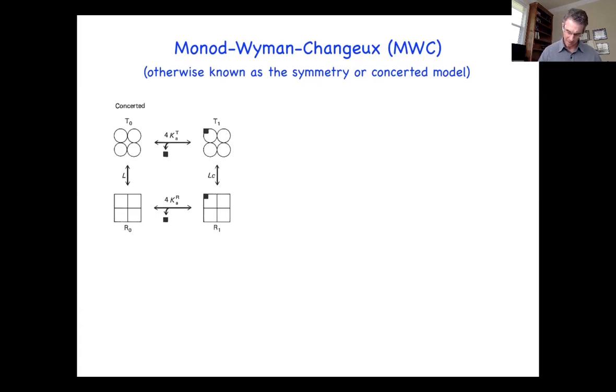You'll notice, hopefully, that we have this intrinsic affinity, the microscopic binding constant of the ligand for a T state subunit multiplied by 4. And here we have the intrinsic or the microscopic affinity of a single R state ligand multiplied by 4. Why would that be?